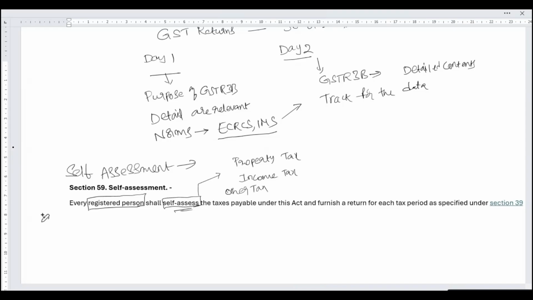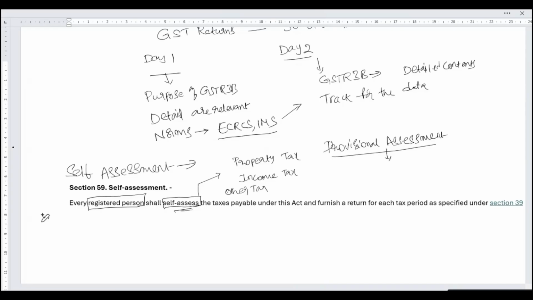If someone else does the assessment, what do we call that? That's called provisional assessment. Self-assessment is what I do. What others do on my behalf is called provisional assessment. Why do others do provisional assessment?